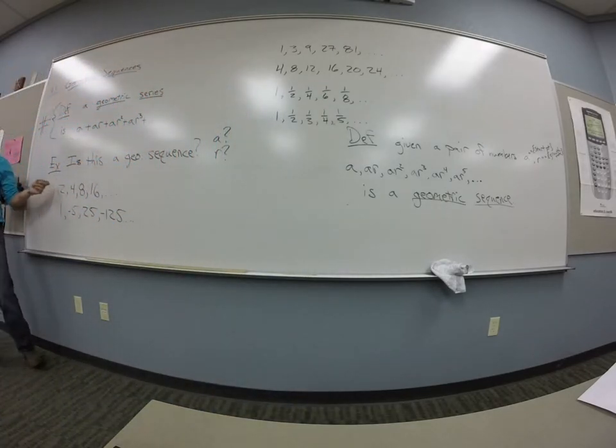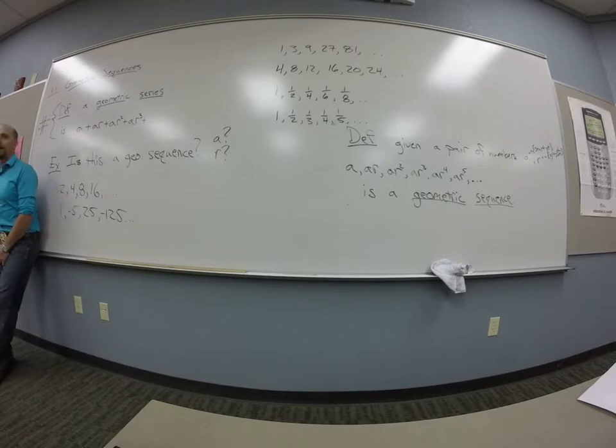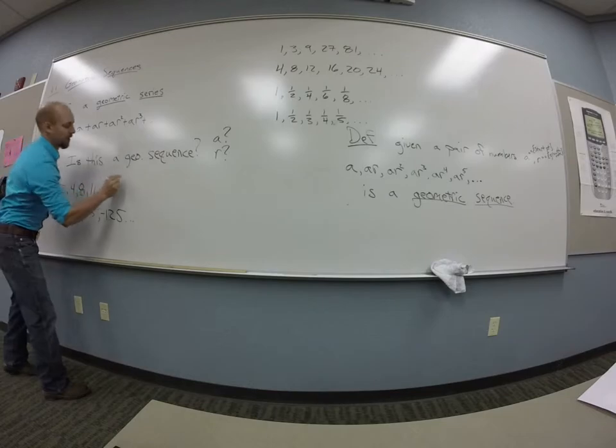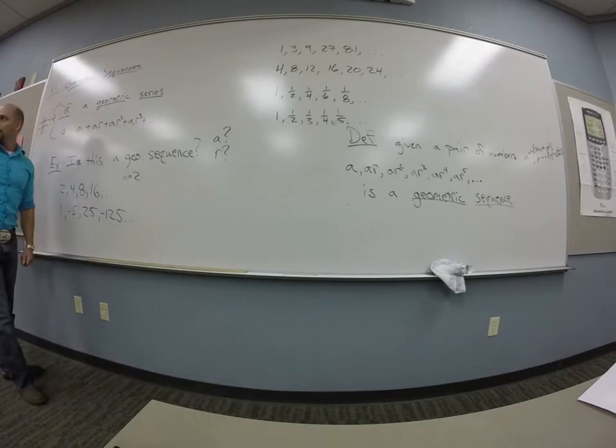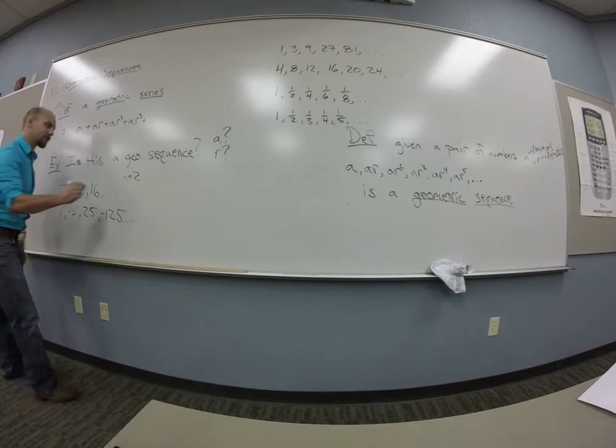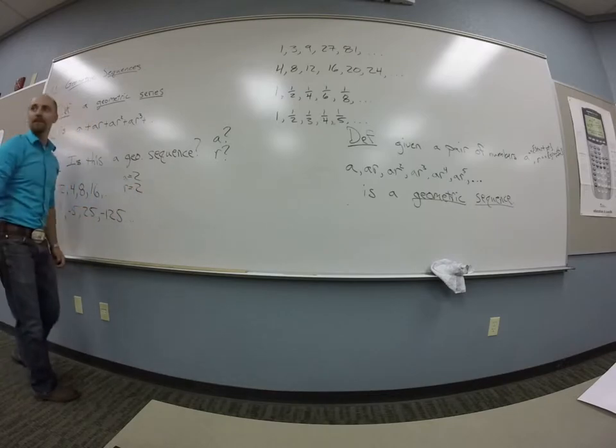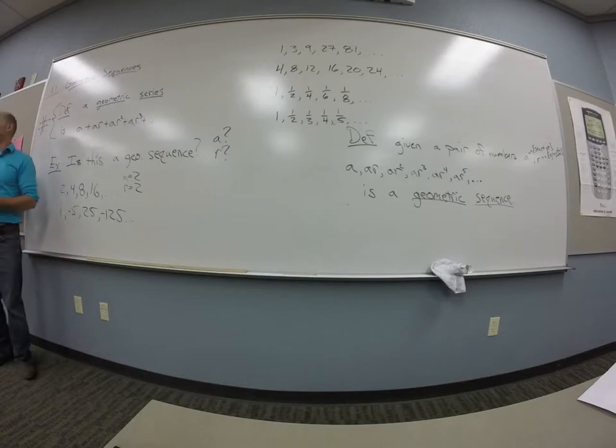Okay, how about this first one? Show of hands for yes. Okay, most of you. What are A and R? A is 2. R is also 2. You guys see that? So the A you can read off the start.